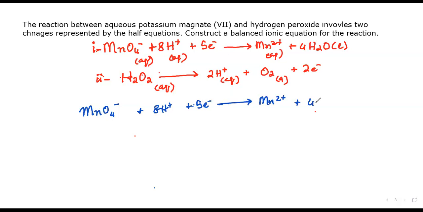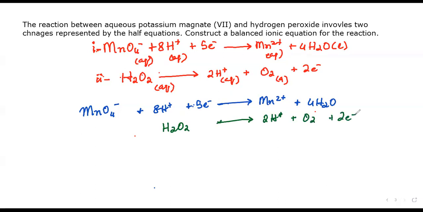That's always going to help you in solving the question. On the left hand side of the arrow, I only have H2O2. On the right hand side of the arrow, I have 2H plus, O2 plus 2 electrons.